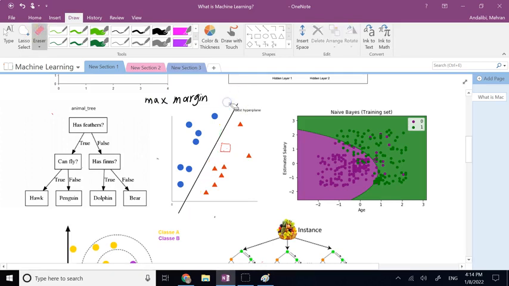So here, let me get rid of these. If you look, if I draw a line parallel to this black line so that it comes almost in contact with the circles like this, and then draw another parallel to it so that it almost comes into contact with the triangles, let's see if I can get it as wide as I can, something like that.